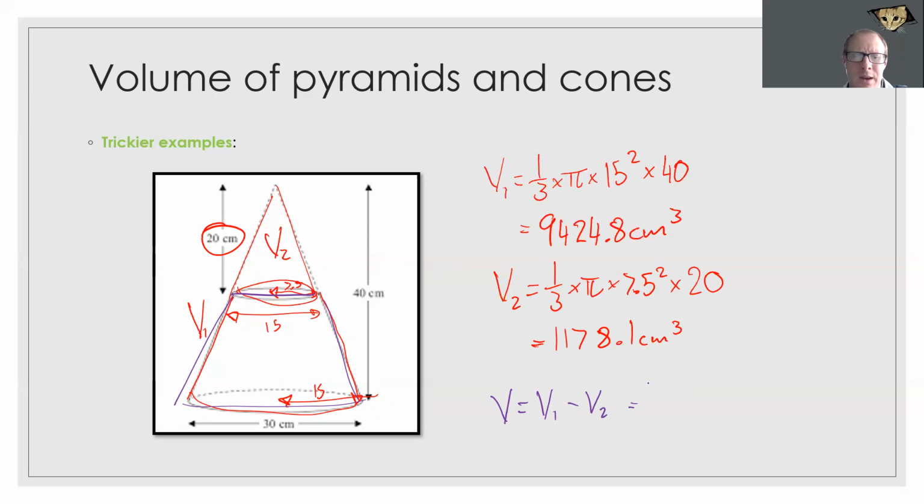So we can put that in our calculator. Well, I should probably write what it is. 9424.8 minus 1178.1. And we get our final answer, which is 8,246.7 centimeters cubed. And there you go.